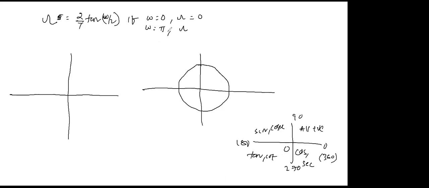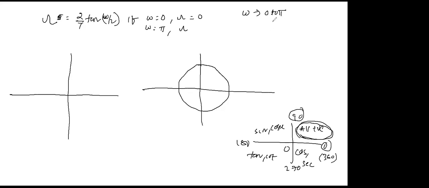So what is the limit for omega? When omega is 0 to pi, it is tan of omega by 2, that is tan 0 to tan pi by 2, which means 0 to pi by 2, means 0 to 90 degrees. So in this 0 to 90, everything is positive, yes or not? Means the tan function is positive or negative?